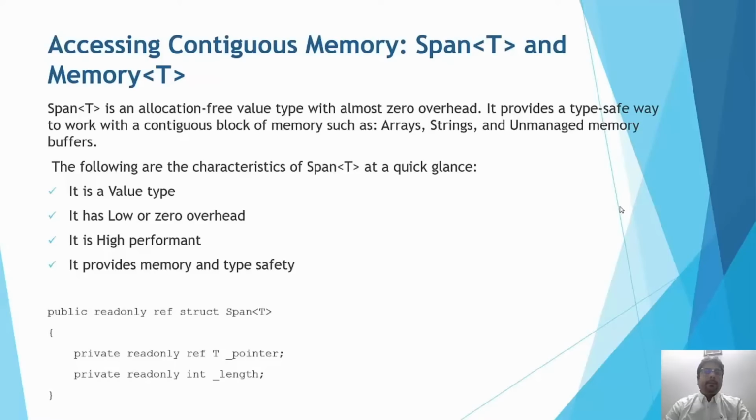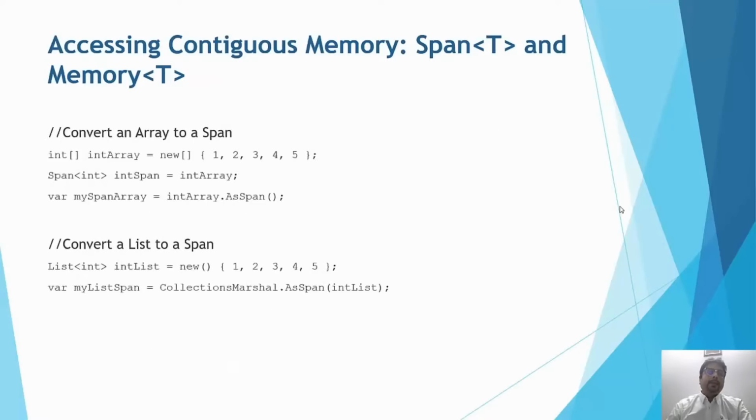This is the Span<T> struct that is defined in the .NET Core library. You see a pointer there and also a length. Now these are two snippets of code, one that converts an array to a span and another that converts a list to a span. You can see there is a method called AsSpan that you can use to convert an integer array, or an integer list in this case, to a span.